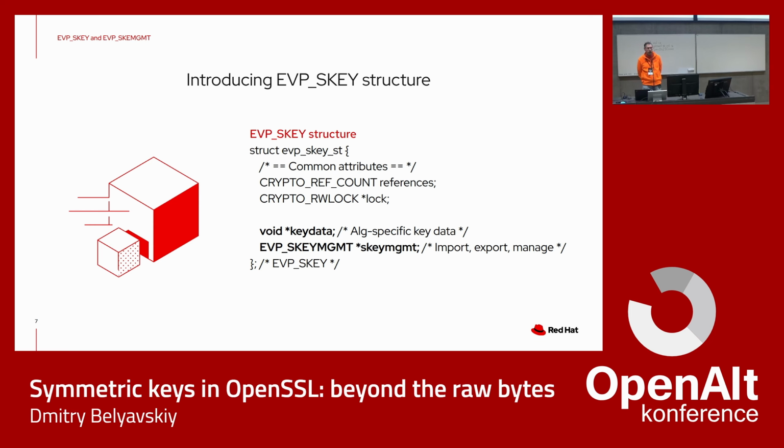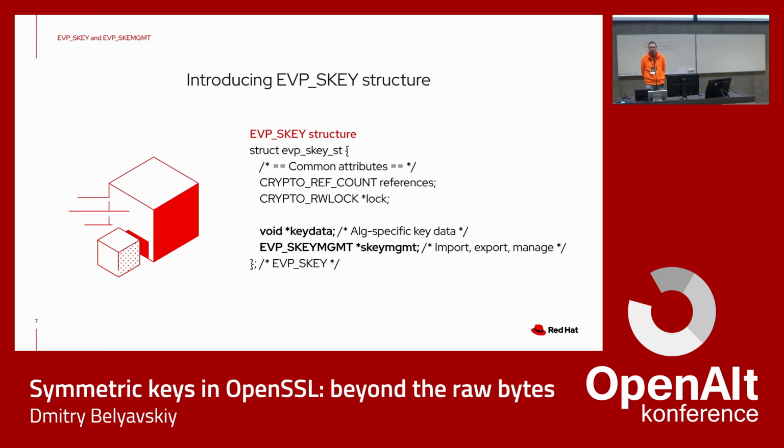The structure of the newly added object is quite simple. There are two common attributes for ref counting, so we can use it simultaneously from different threads, avoiding double frees and so on and so forth. But then you see just two important structure members: key data, which is an opaque pointer, and SKEY management.